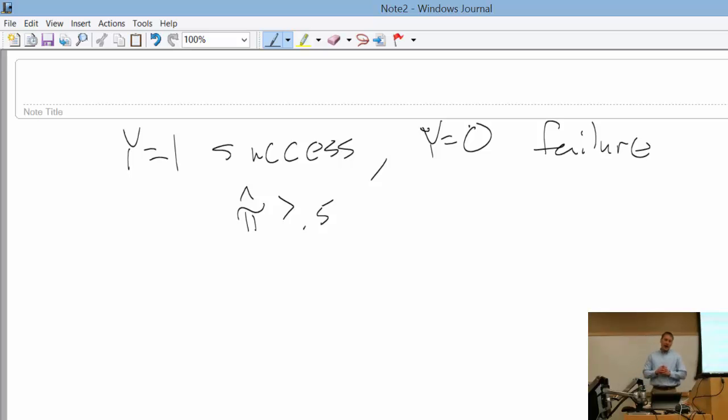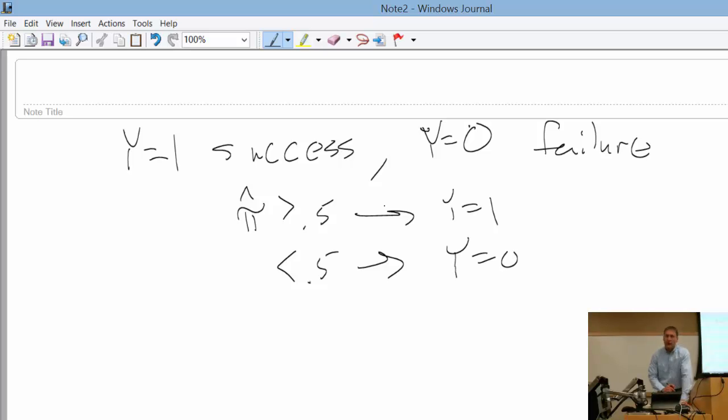If pi hat is greater than 0.5, then we classify that observation, or we predict for that observation that the true population that it comes from should be y equal 1. If instead it is less than 0.5, then we predict a y equal to 0 for that population. So that's how we make the predictions, or you could say the classifications. Quite simple.